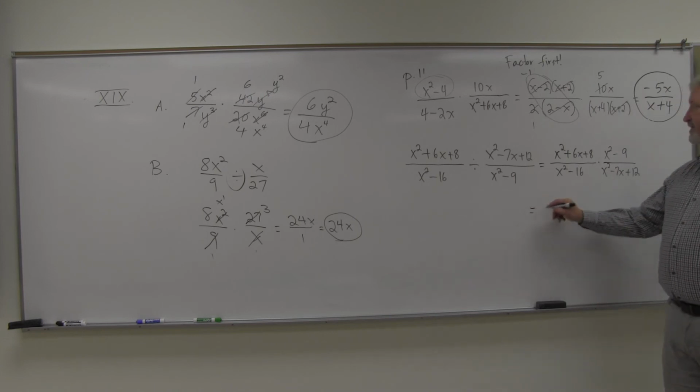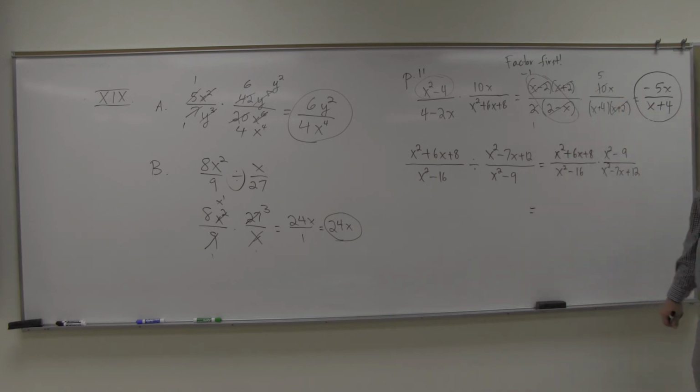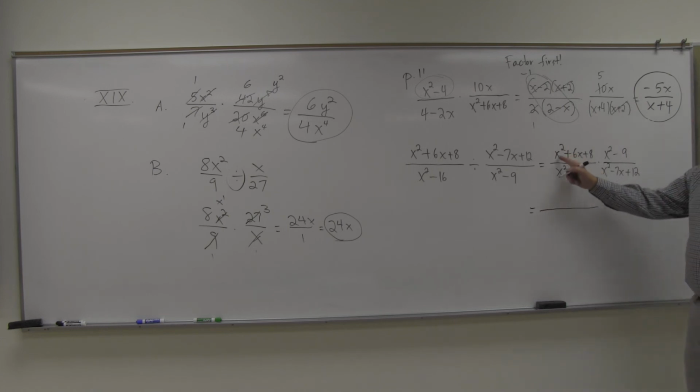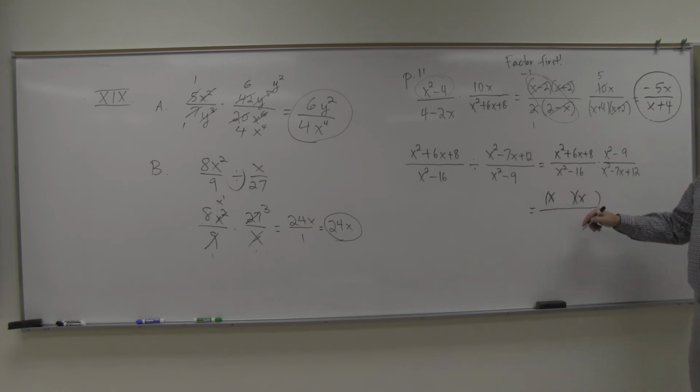Now we can do what we did on the example above. Factor all these. So we've got a trinomial, two binomials, x and x, 8 with 6 in the middle, so that's 4 and 2. Like we just did that one, didn't we? x squared minus 16, difference of squares, so x and x, minus 4 plus 4.